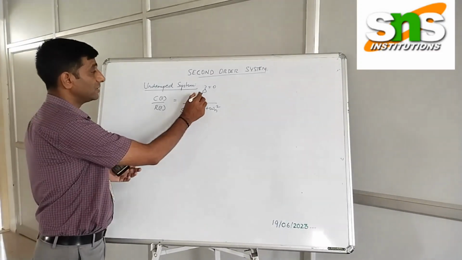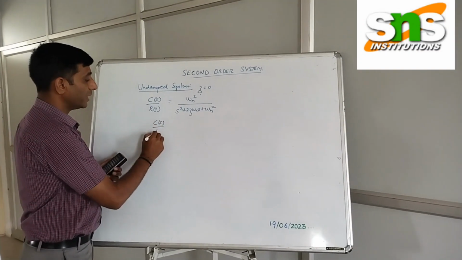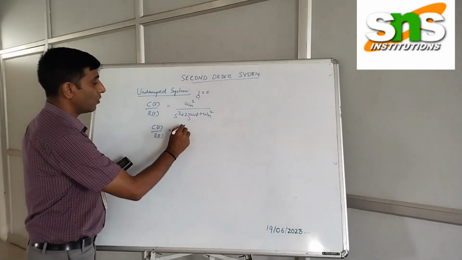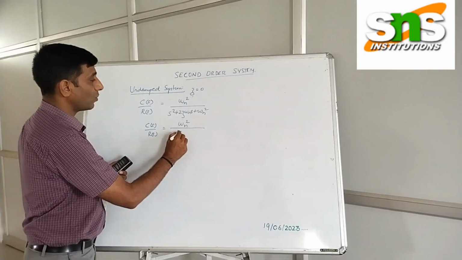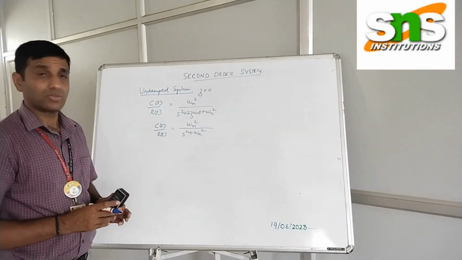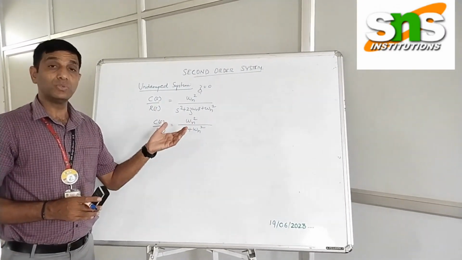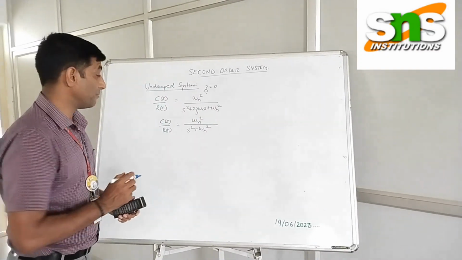In the undamped system zeta is equal to 0, so C of s by R of s becomes omega n squared divided by s squared plus omega n squared. In this lecture we are going to find the response of an undamped system for a unit step input.